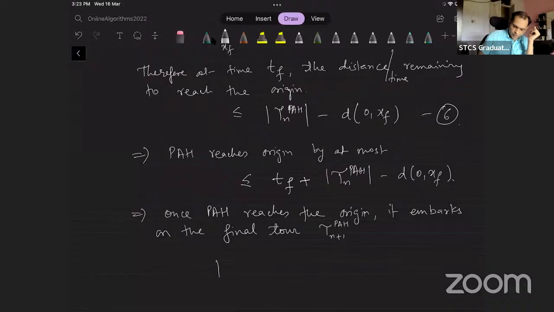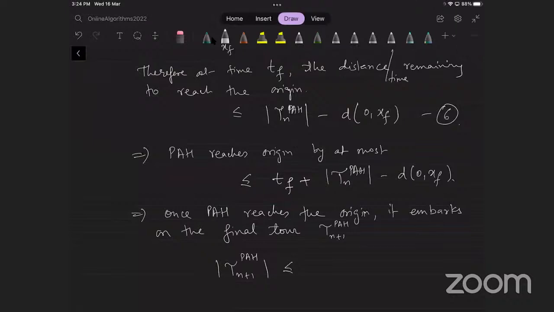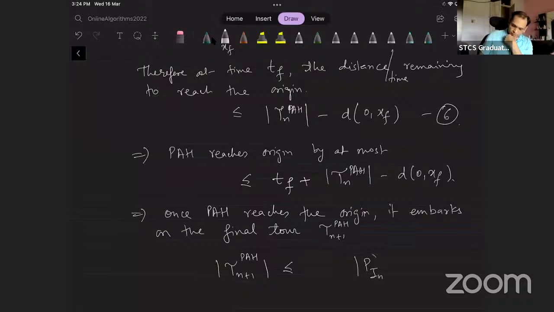Now tell me, how much should this be? Should be PIN star. So PIN star is correct. Something more? You have to reach XF, right?